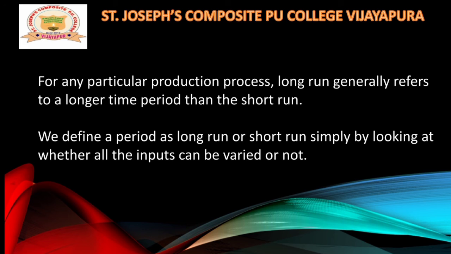So these are the 2 laws applied in the two production theories. One is the law of variable proportion, which is the short run production function theory, and the other is the law of returns to scale, which belongs to long run production theory. So this is the main difference between the short run and the long run production function.